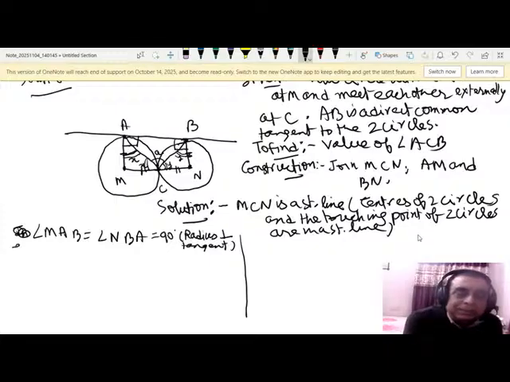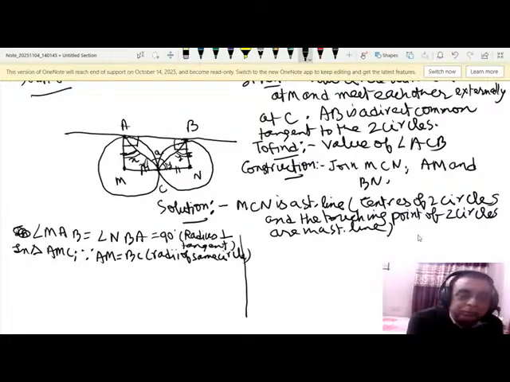Now, in triangle AMC, because the length AM is equal to MC, radii of the same circle, therefore angle MAC will be equal to angle MCA.